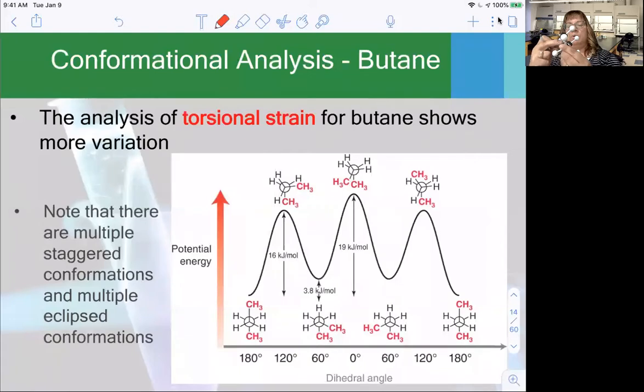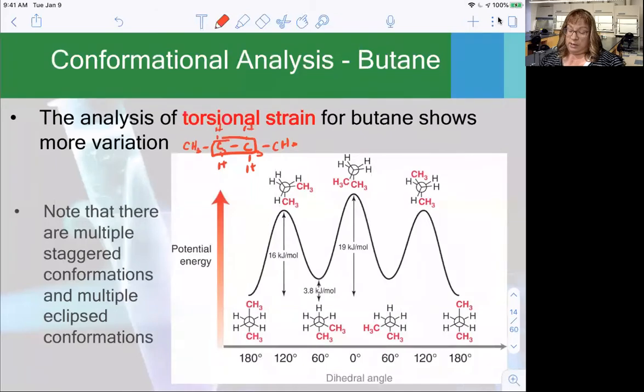Let me draw this out. On that carbon, I have CH3, H, H, H, H, CH3. So I'm looking down this bond, which is carbon 2 to carbon 3.